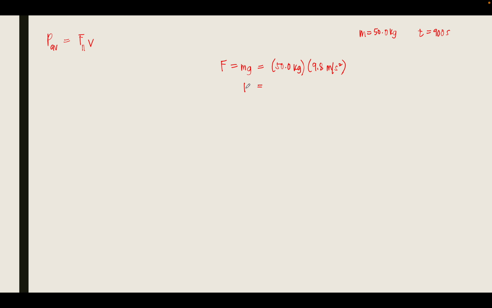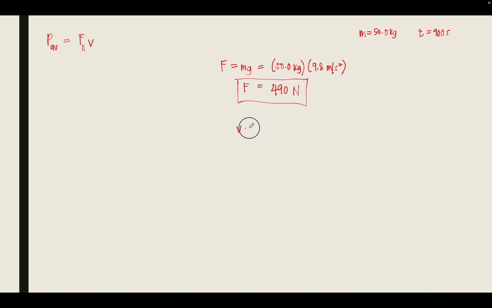So our force is equal to, let's calculate, 50 times 9.8, which is 490 newtons. And then to solve for the velocity, we have the force now.